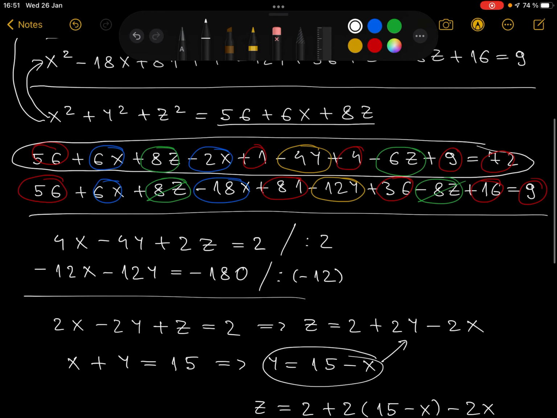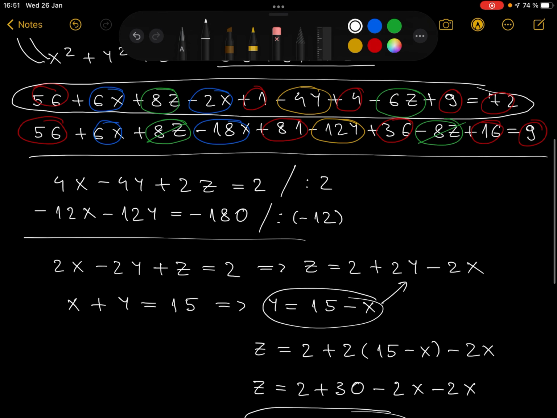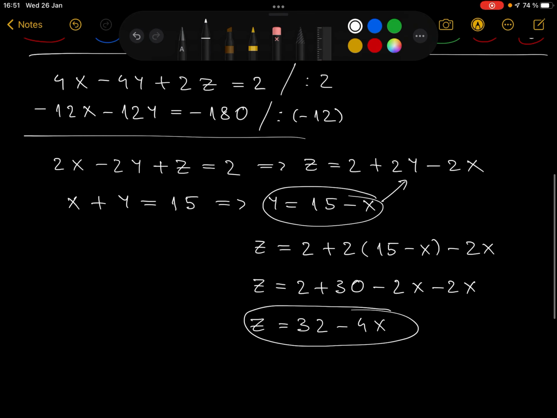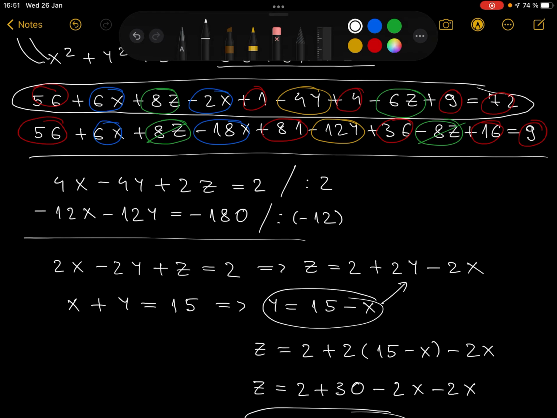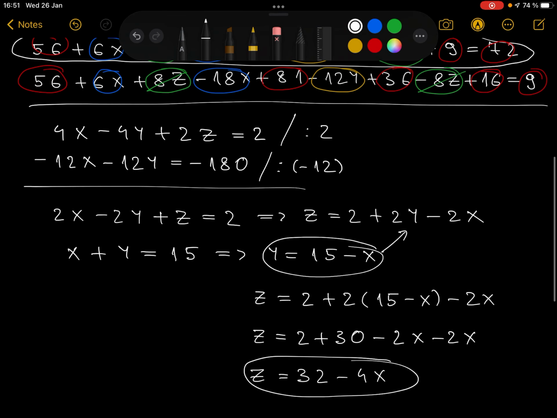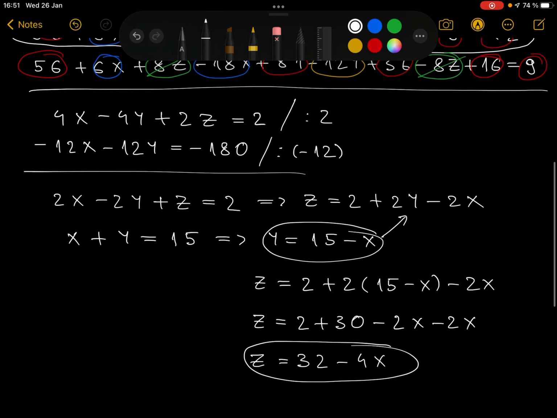Okay, now we've got that covered. Whoops, I made a slight mistake here. Here it's not 2, here it's 1 because we've divided by 2 already.